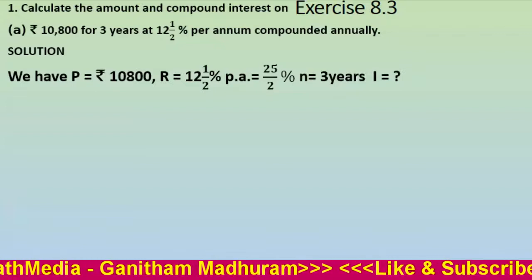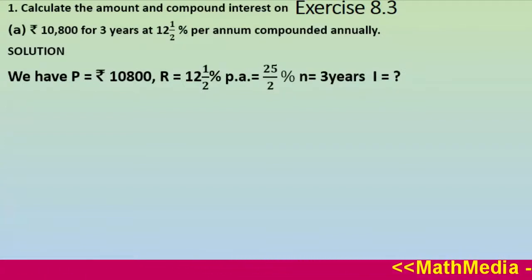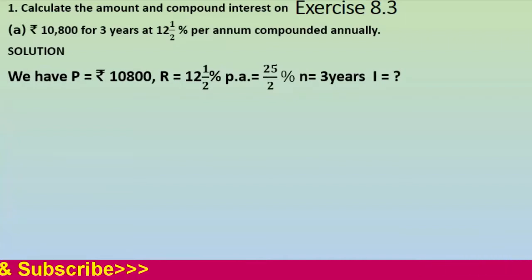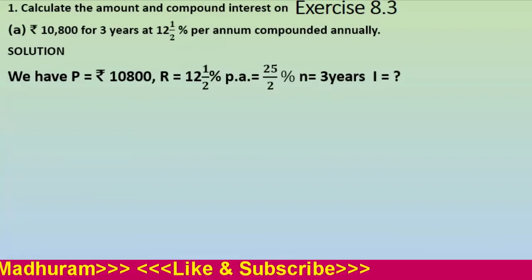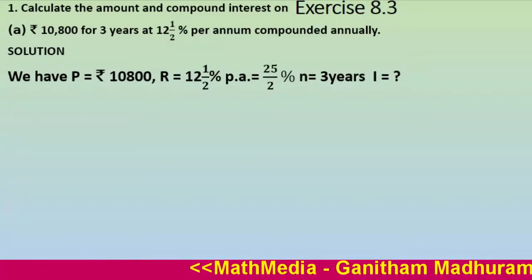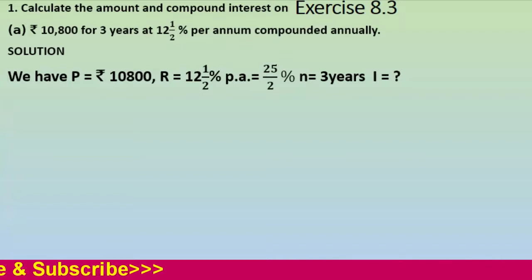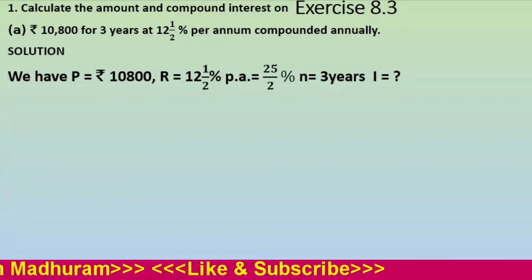At 12 1/2 percent per annum means R equal to 12 1/2 percent. This is given in mixed fraction, so we can write it as 25 upon 2 percent. We have to calculate I and A.